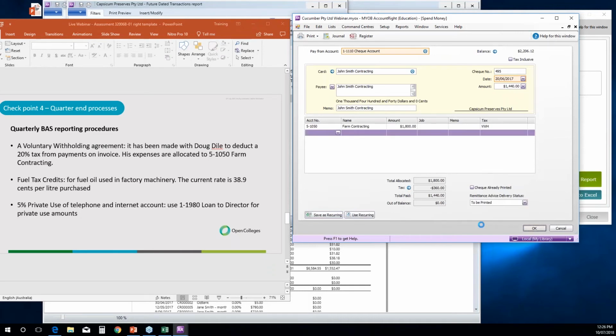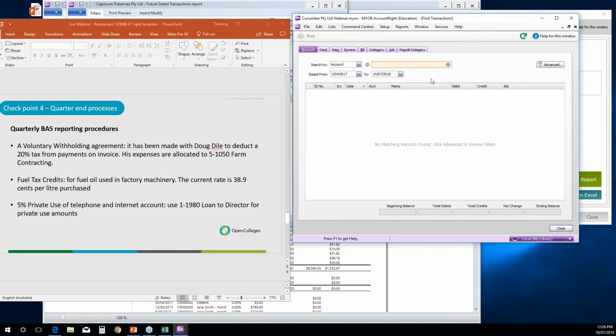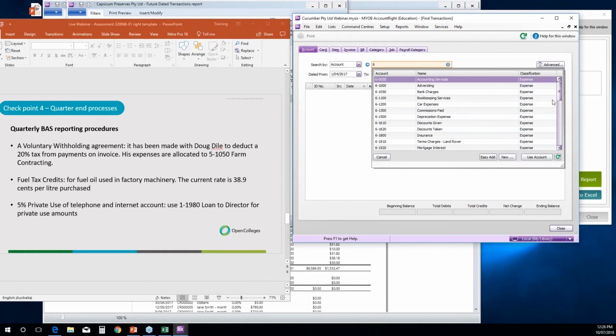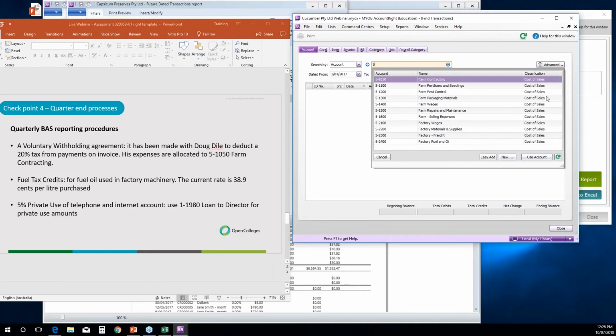And okay. Fuel tax credit, you will have to look for the fuel oil used in factory machine. So again, I'm going to use the account name. And let me see, any expense? I don't see F for fuel. Expense can be cost of sales.